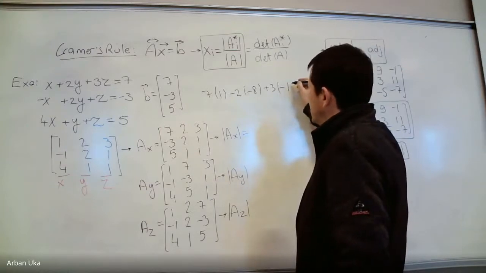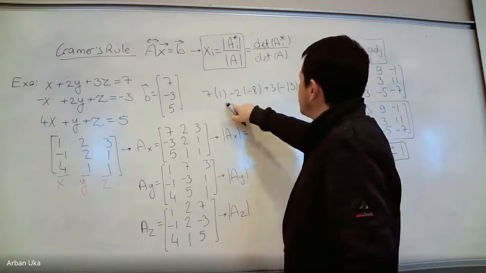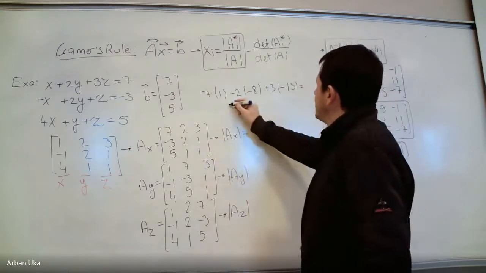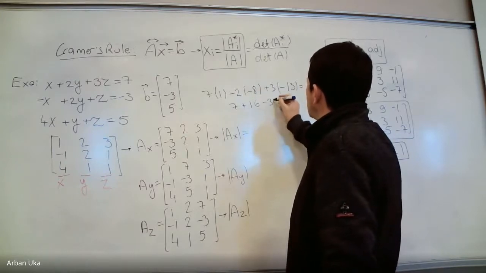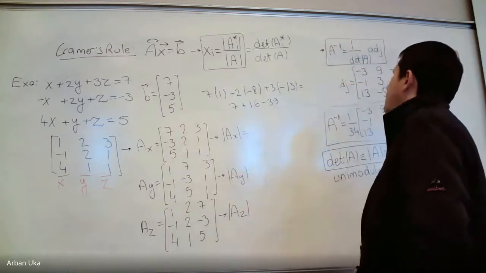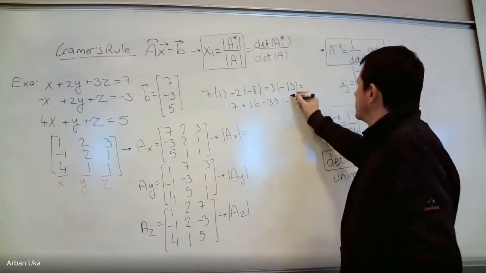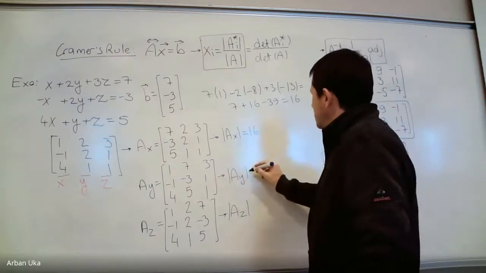Wait a second, no. Minus 3 minus 13, yes. So this would be equal to 7 plus 16 minus 39, this is 23, 16. Okay, so this is equal to 16.